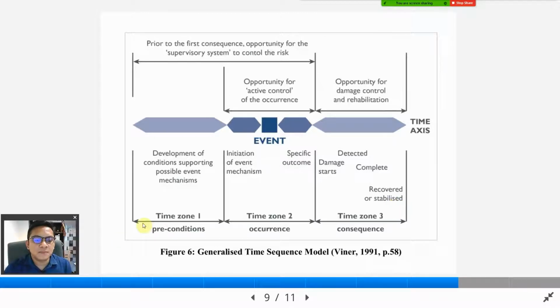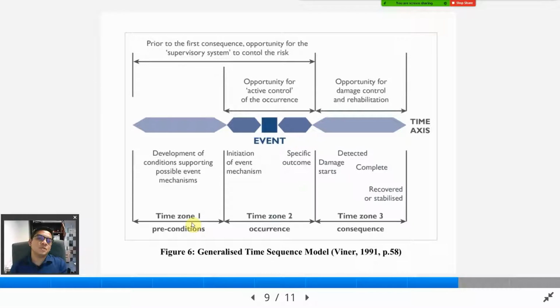Time zone 1 is precondition. Precondition is the same as lack of control and basic causes in the loss causation model. So within this time zone 1, the precondition is the development of conditions supporting possible event mechanism. Those are the things that people do that after a period of time would support the accident later.